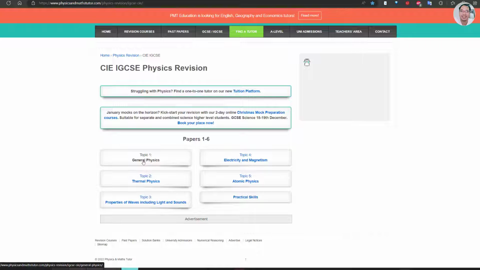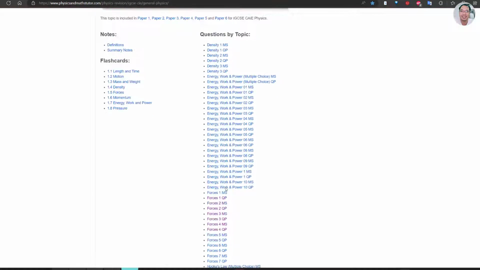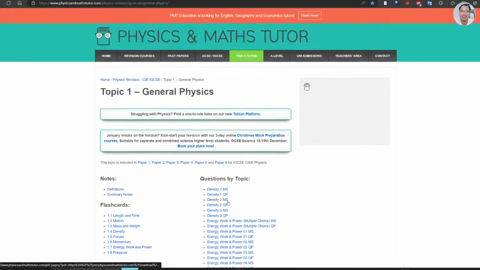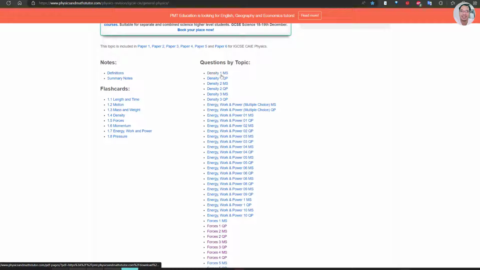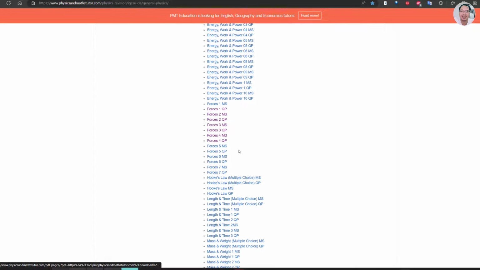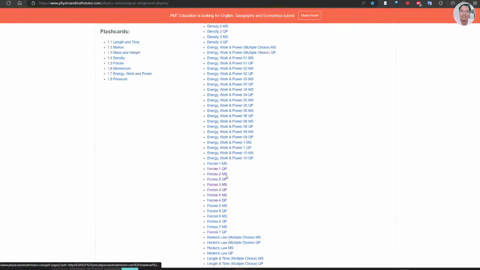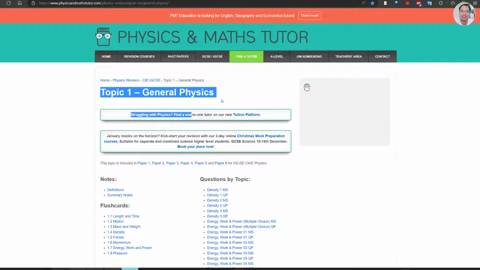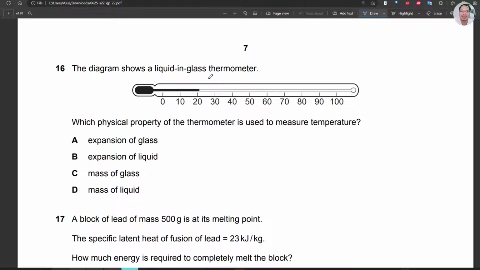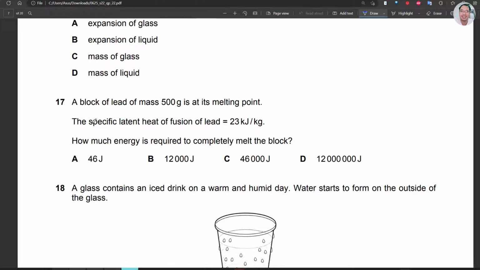This is the general physics part. It includes density, work, power, forces, Hooke's law, length, motion. That is about topic 1, general physics. Okay, moving on. We skip the thermophysics part.